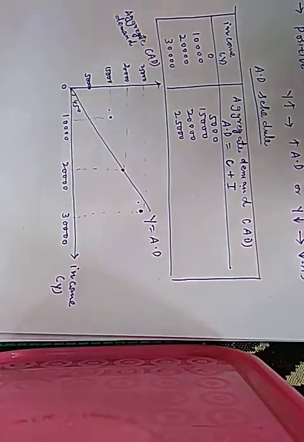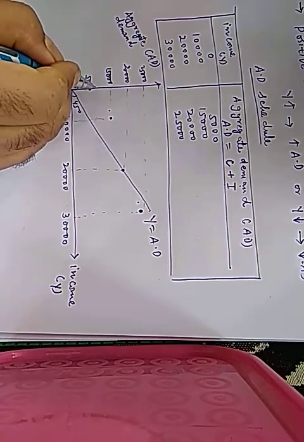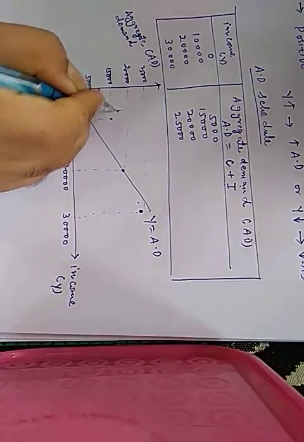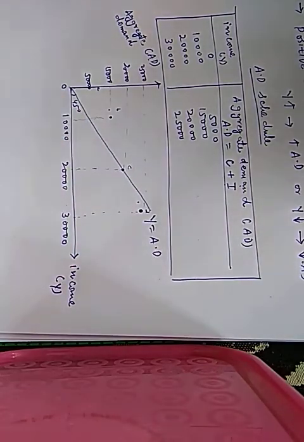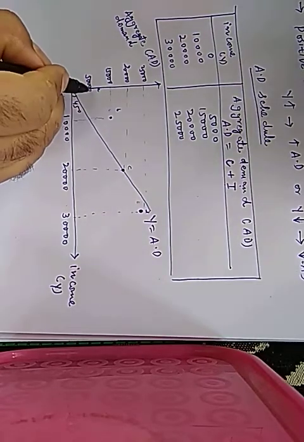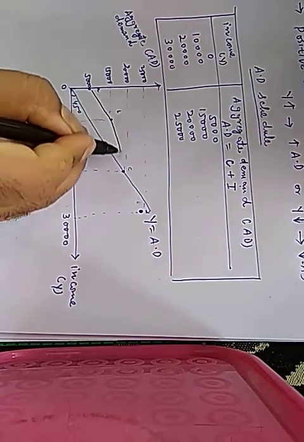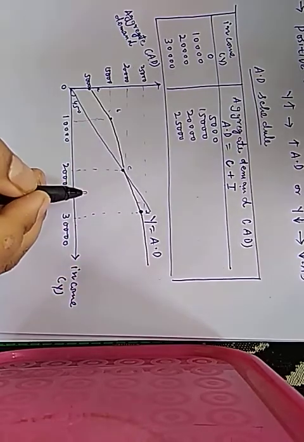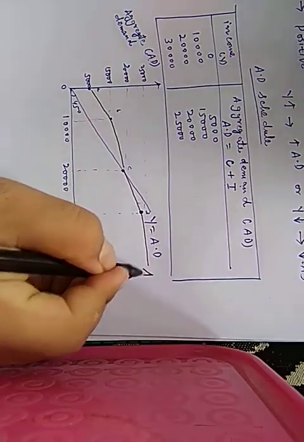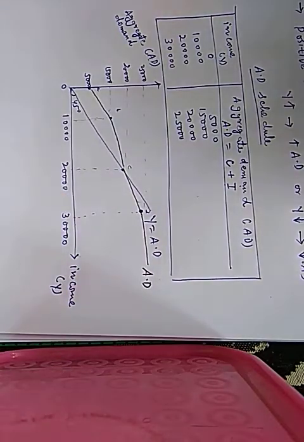These are points A, B, C and D. By joining these points we will get a curve that is known as the aggregate demand curve. This is the aggregate demand curve.